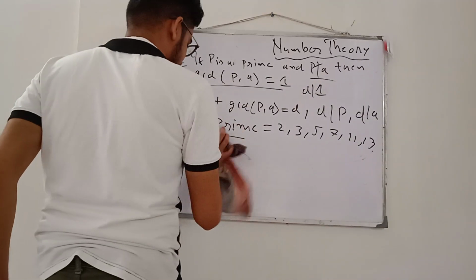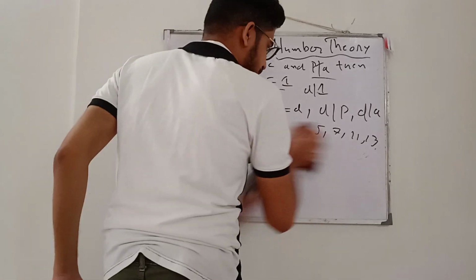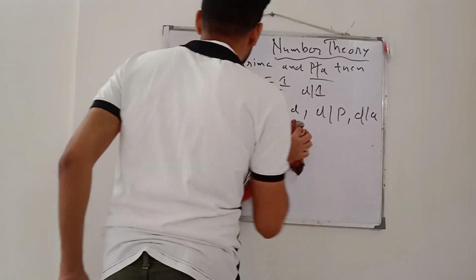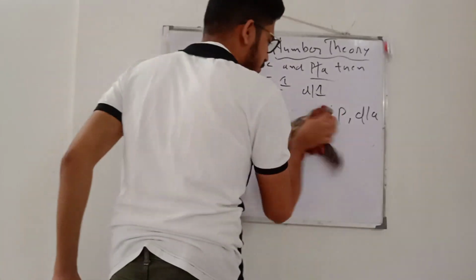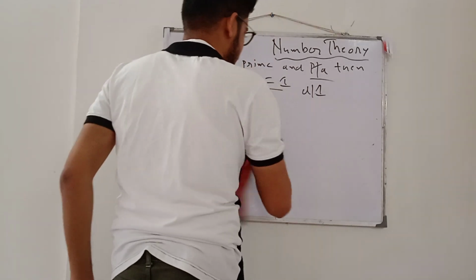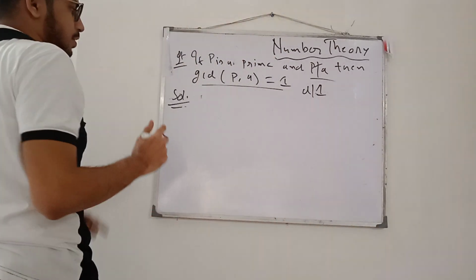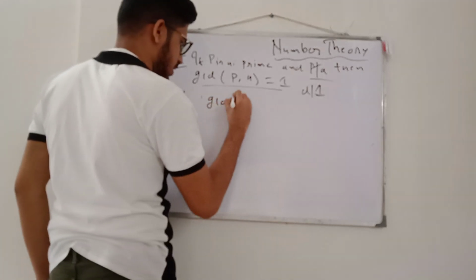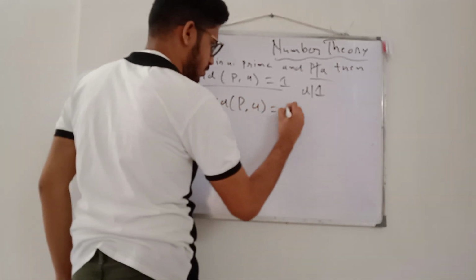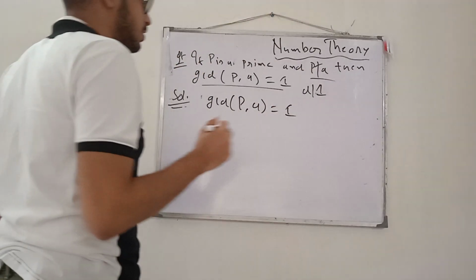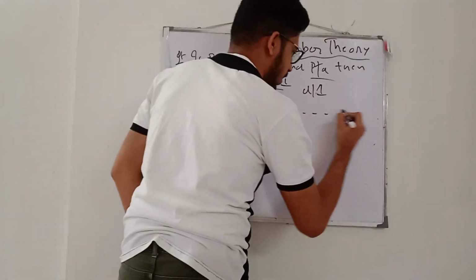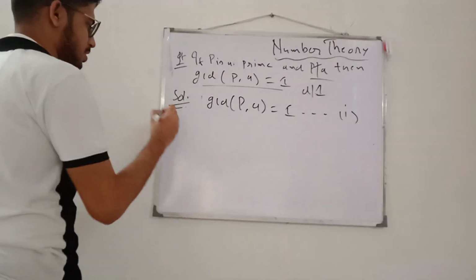Question is done. Suppose they have said that GCD(P, A) is equal to 1.